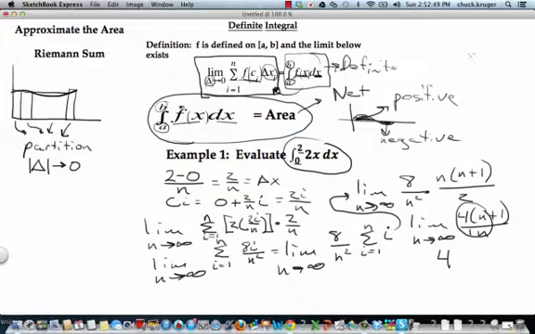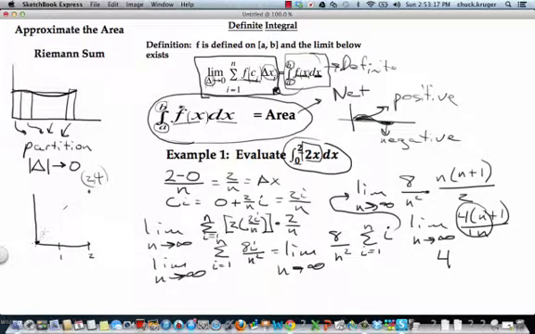Now another way to look at this is I could have used geometry. The y-intercept of this equation, 2x, is 0. And I'm integrating it from 0 to 2. So right here, here's 1. Right here, here's 2. And if I plug in there, I get a point right here, 2 comma 4.